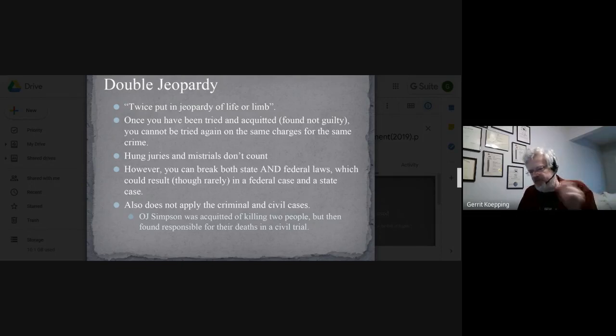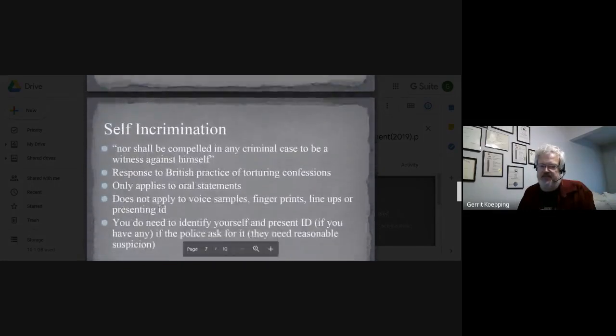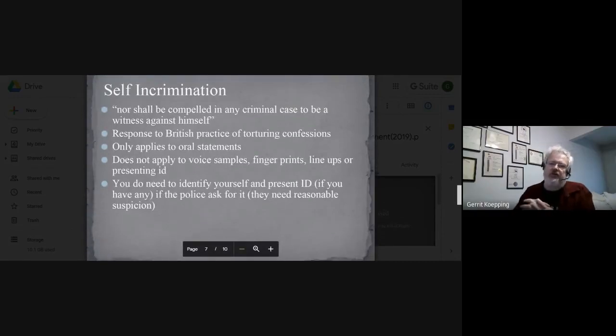It's an interesting protection, and it does exist for a reason. Now, probably though, the Fifth Amendment right that generates sort of the greatest discussion is the self-incrimination. Nor shall be compelled in any criminal case to be a witness against themselves. Now, this is a response to the British practice of basically torturing confessions, or asking someone, did you do it?